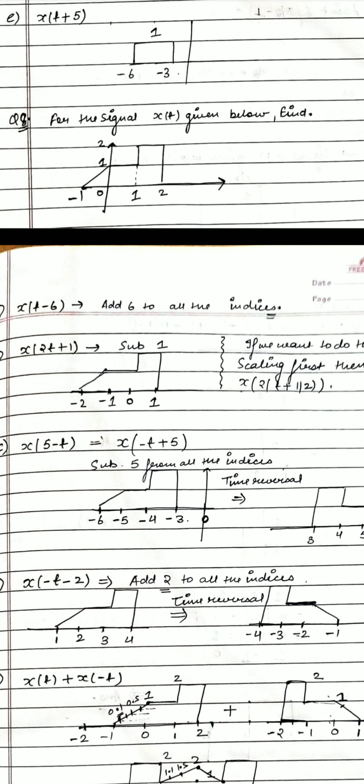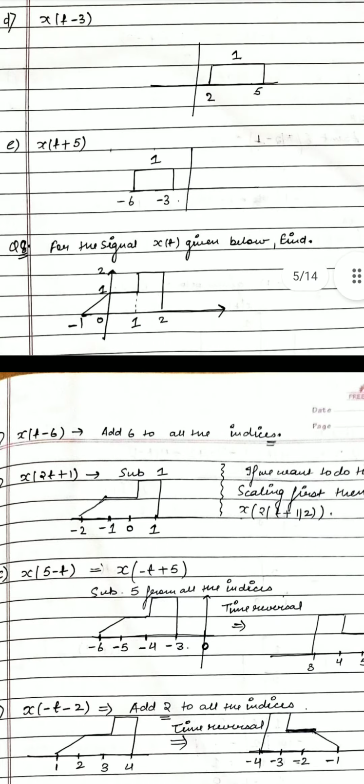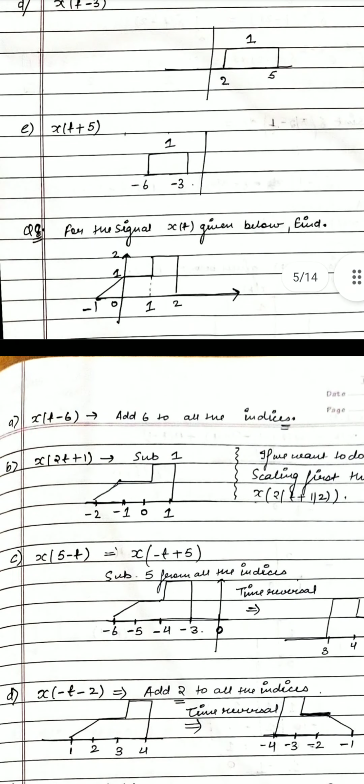Okay, so first we have to subtract 1 and then divide by 2. So you will get the resultant graph like this.